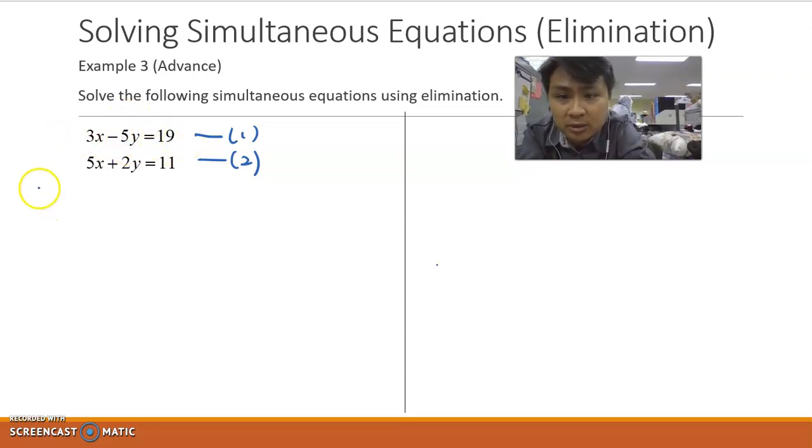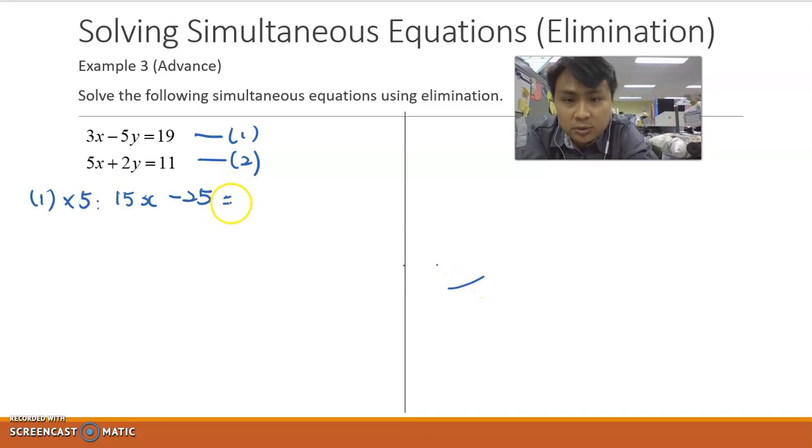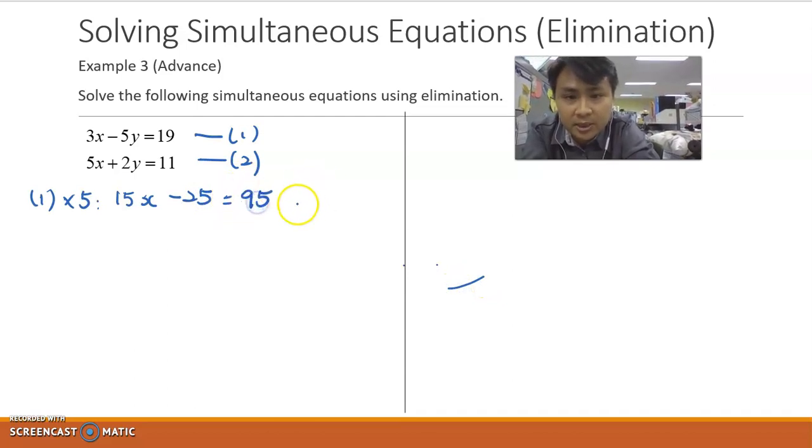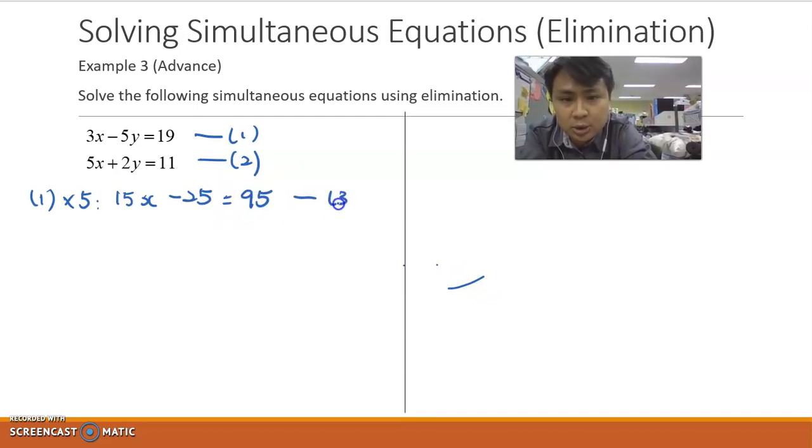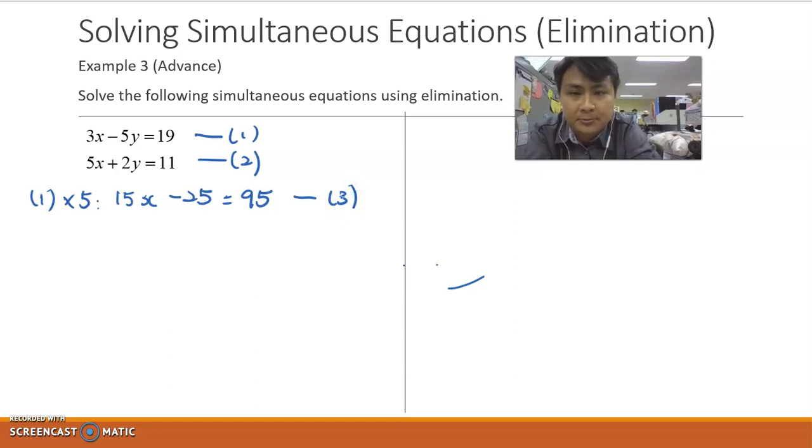So we'll do that now. We'll take equation 1 multiply by 5. I'll end up with 15x minus 25y is equals to 95. I'll call this equation 3. Now, the next step is to change our equation 2 to have 15x as well.